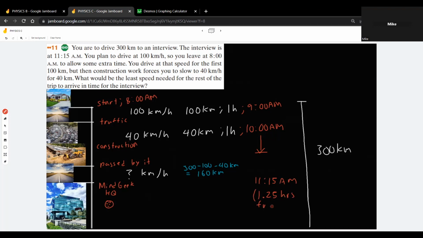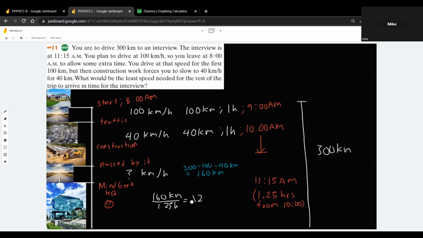Ano yun? Teka, check ko yung setup ko. 40 kilometers per hour for 40 kilometers. So the numbers are for 40 kilometers.